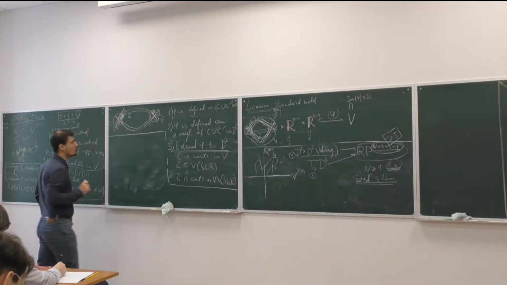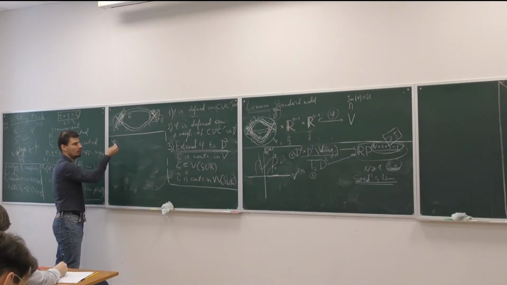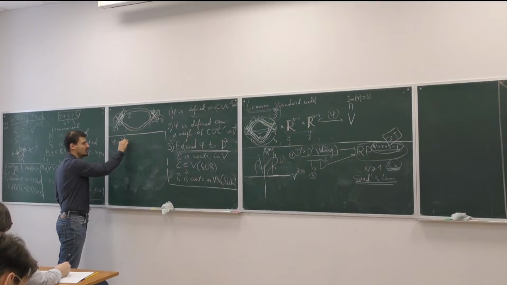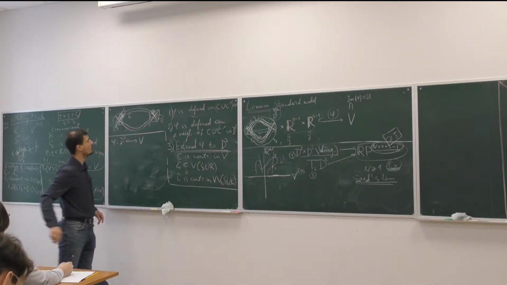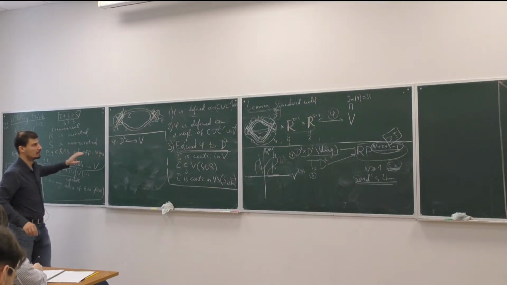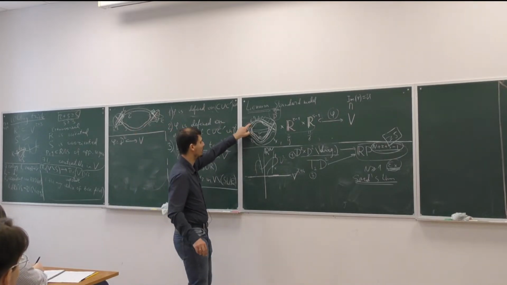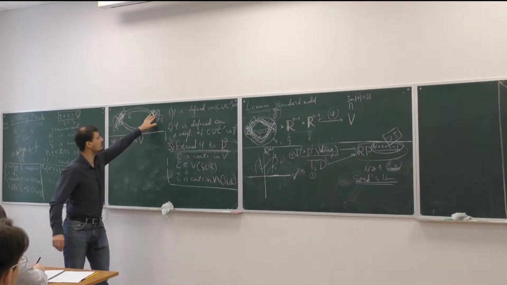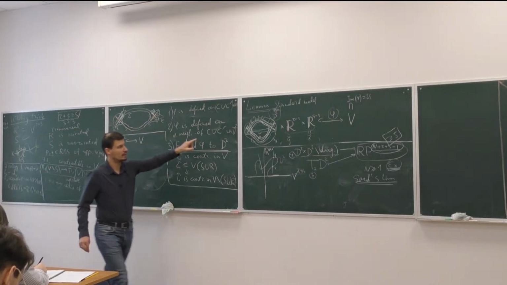Well, so we have already defined our embedding of the disk into V, and we know that this embedding takes C to L1, C prime to L2, and it is very standard in a neighborhood of these two intersection points.